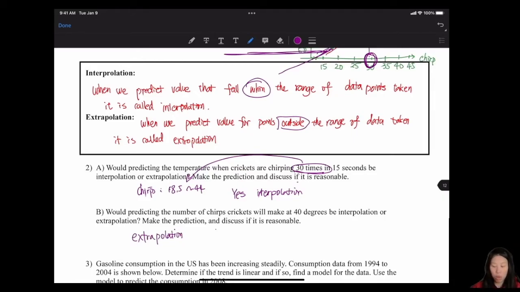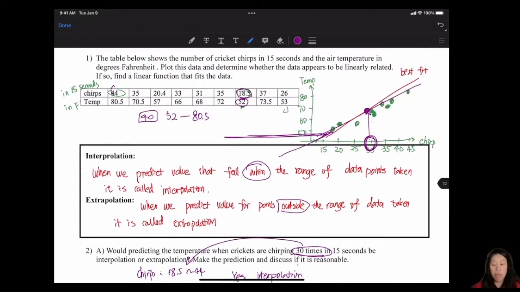Because we didn't know. When the temperature is below 52 degrees, maybe the model is going to change to something else. Maybe it's no longer a linear model. Maybe suddenly it drops crazily or becomes a flat line. No matter how low the temperature is, it drops the same frequencies. Or the other way, no matter how the temperature drops, the frequency that he chirps will be the same.